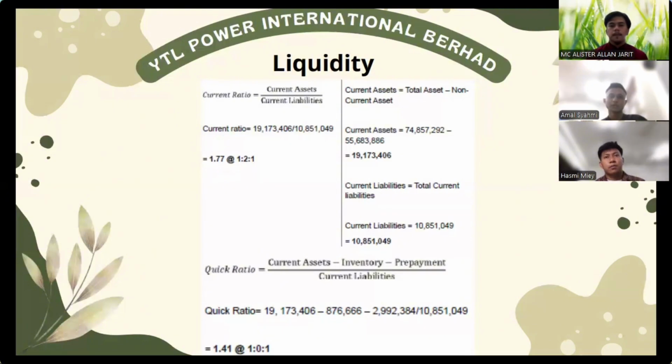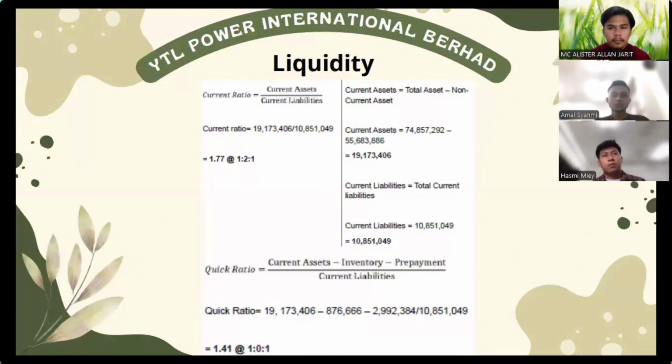When we divide these figures, the current ratio is 1.77 times. This means YTL Power has 1.77 of current assets for every one of current liability, indicating strong short-term financial stability.